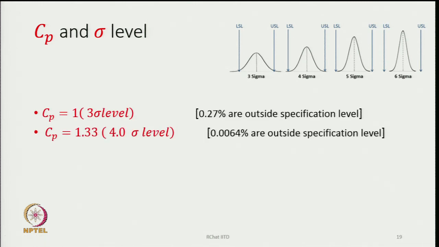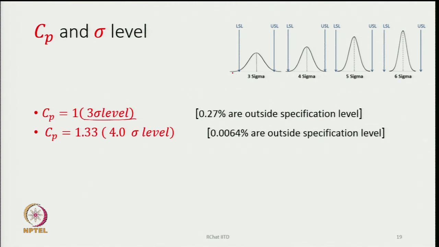So, Cp value is the process capability value. Actually, this is a part of 6 sigma. So, when Cp is 1, we say it is 3 sigma level, and this is the corresponding diagram.